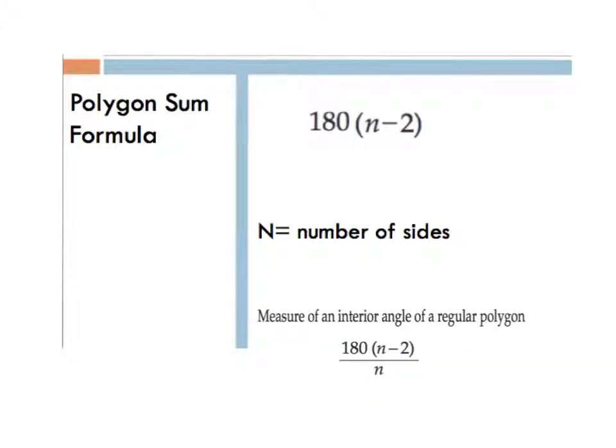All right, I'm going to have you write on the sticky note that says number 4. Please write a line down your paper. Write the polygon sum formula and the measure of an interior angle of a regular polygon formula. Pause the video, take these notes, hit play when you're done. Ready, pause.